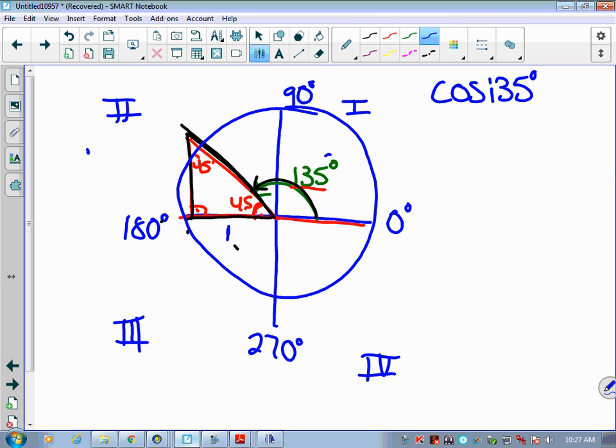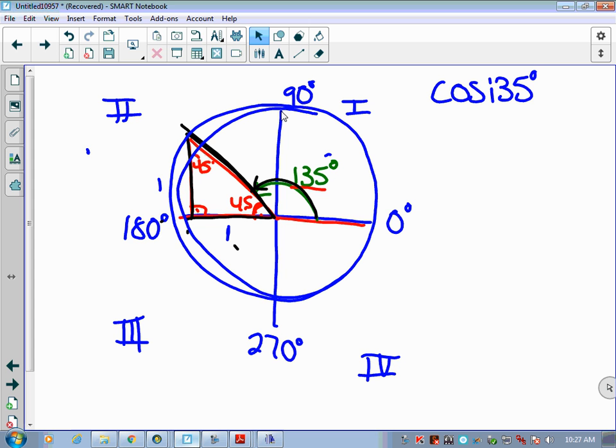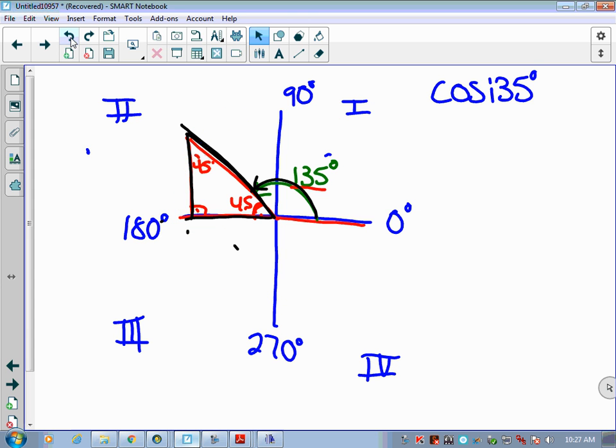Okay, now I didn't do a very good job of drawing it. If I did, it would come around like that. So this is 1. Let me clear this up a little bit. Okay, so my length here is 1, because it's a unit circle.